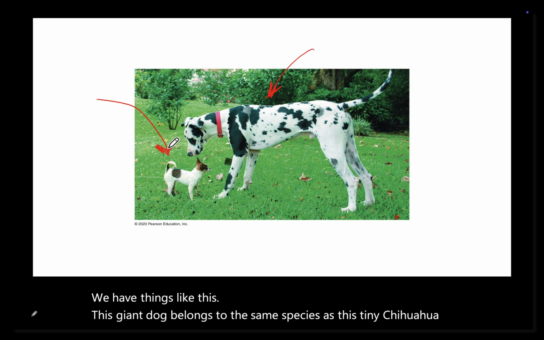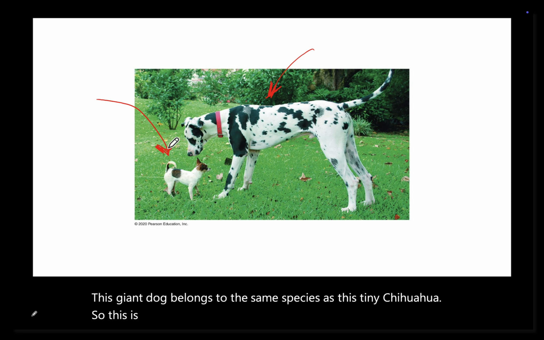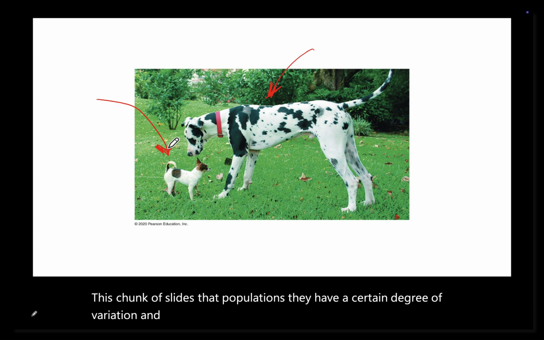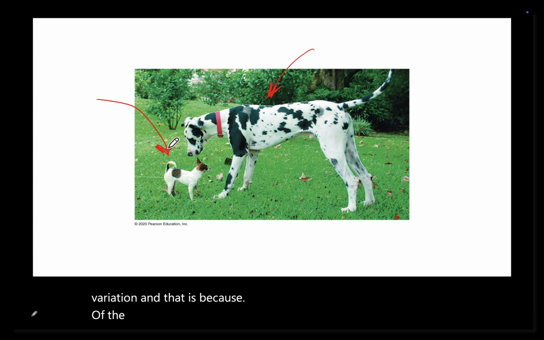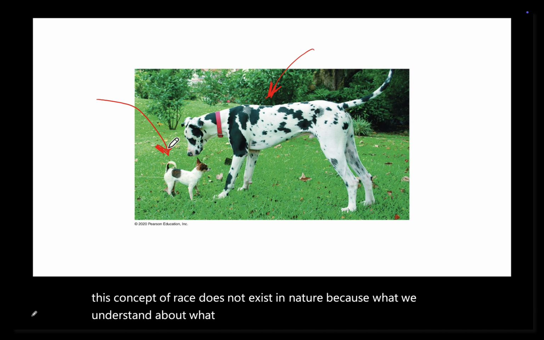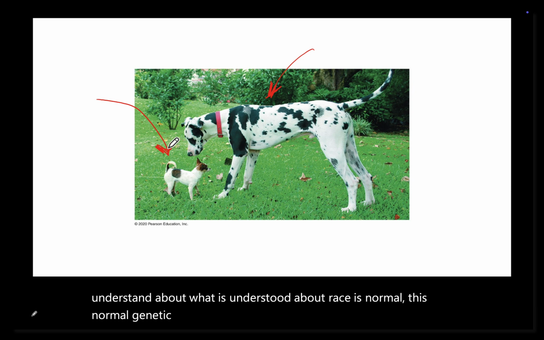So this is what I want you to understand from this chunk of slides: populations have a certain degree of variation, and that is because of the gene pool that exists in that population. And this concept of race does not exist in nature, because what is understood as race is this normal genetic variation that occurs in that population.